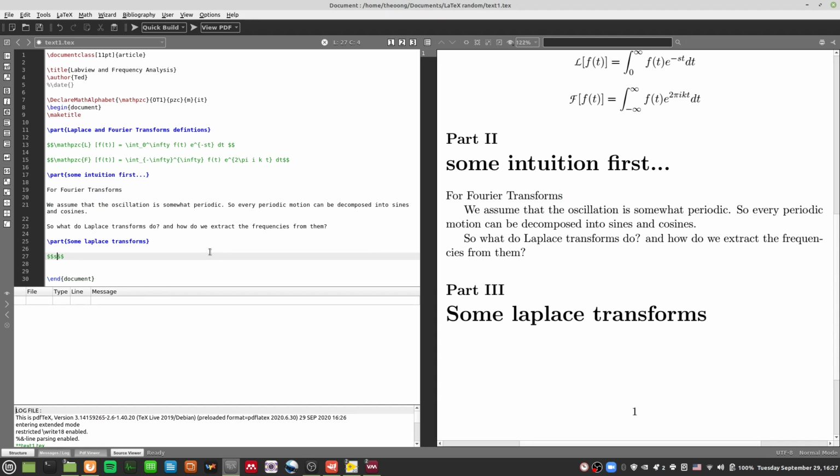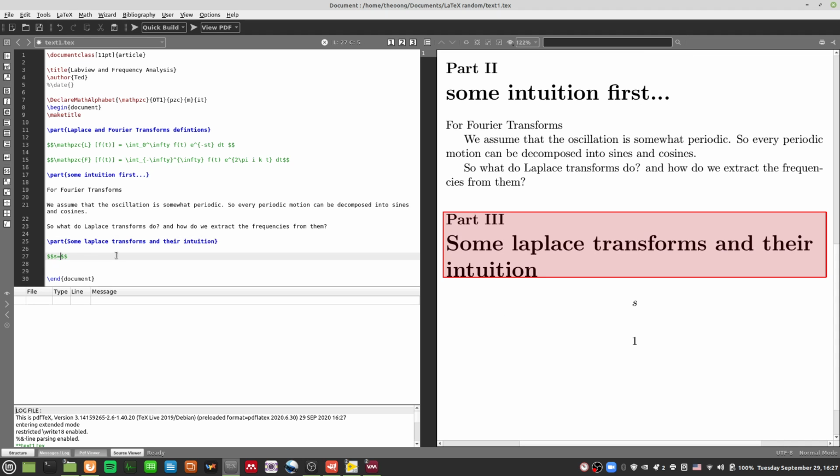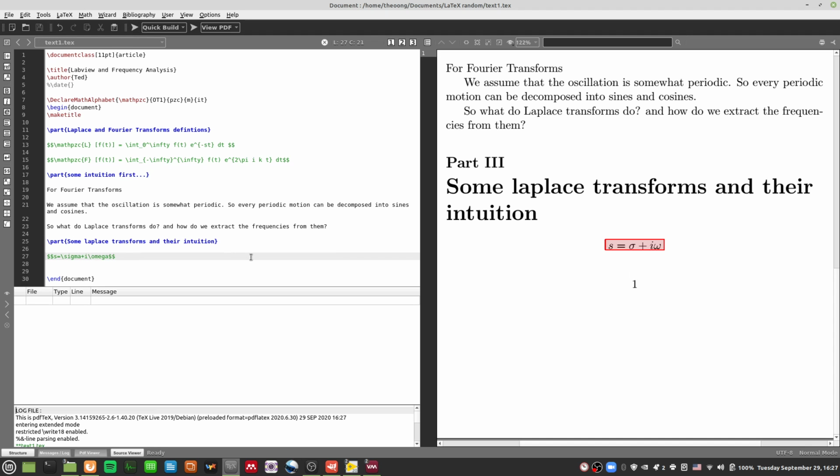We note that for Laplace transforms, we will note some Laplace transform and the intuition. So s equals sigma plus, I'll use i omega. This is what it looks like, sigma plus i omega.